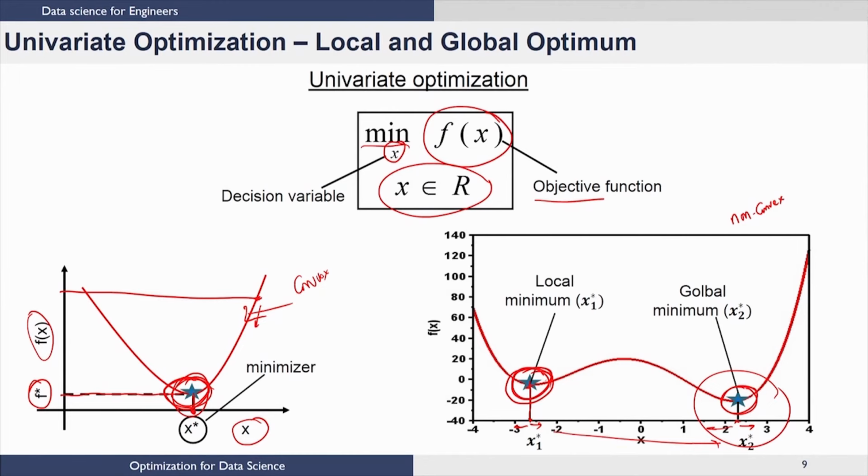And what will happen is ultimately you will get to this point and then say, I cannot improve my objective function anymore. So, this is the best solution that is possible. This is how most optimization algorithms will work. An important thing to notice here is, irrespective of whether you start here or here or here or here, you are likely to go here depending on your algorithm.